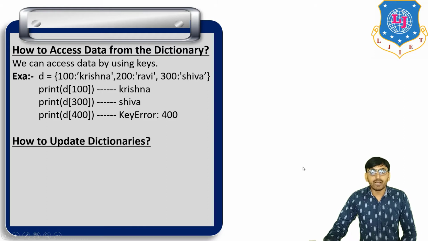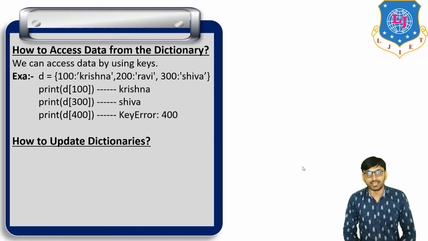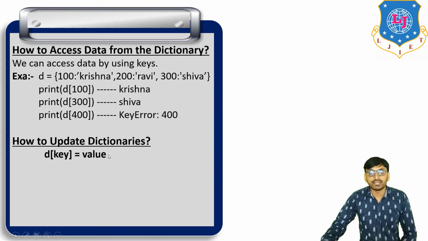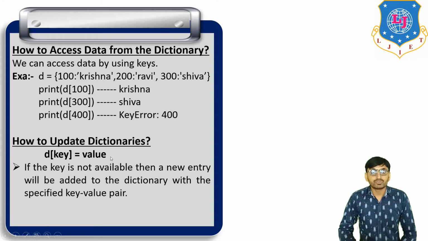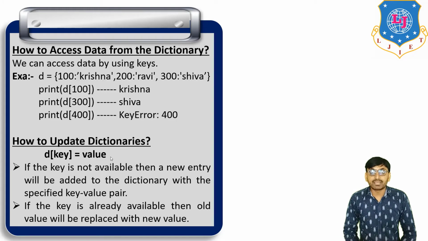Now how to update a dictionary? We know that D of key is equal to value. If the key is not available, then a new entry will be added to the dictionary with the specified key value pair. If the key is already available, then the old value will be replaced by the new value.